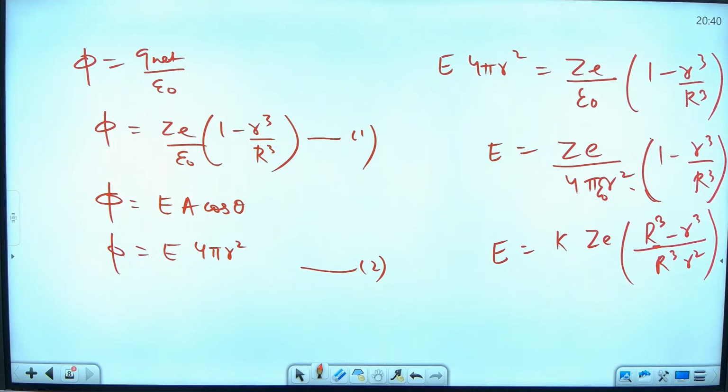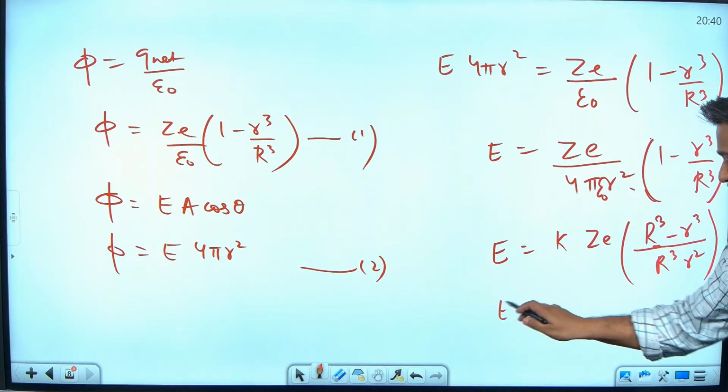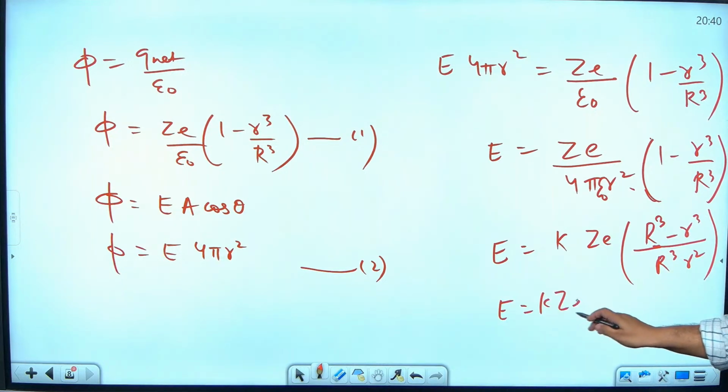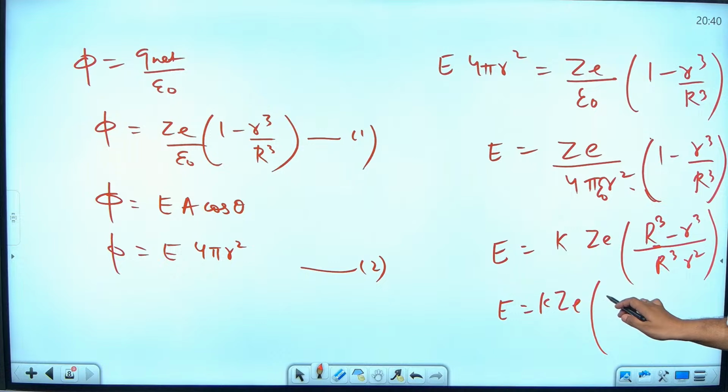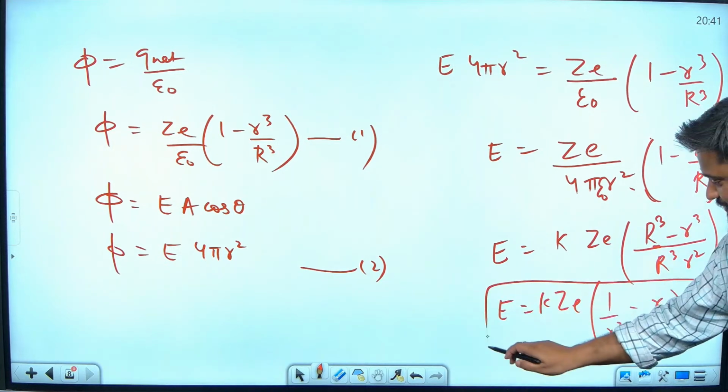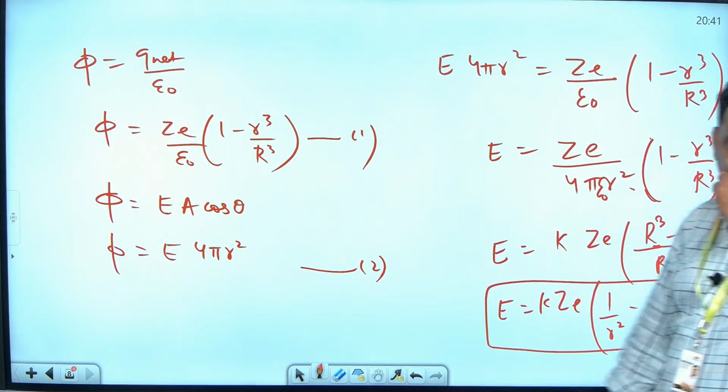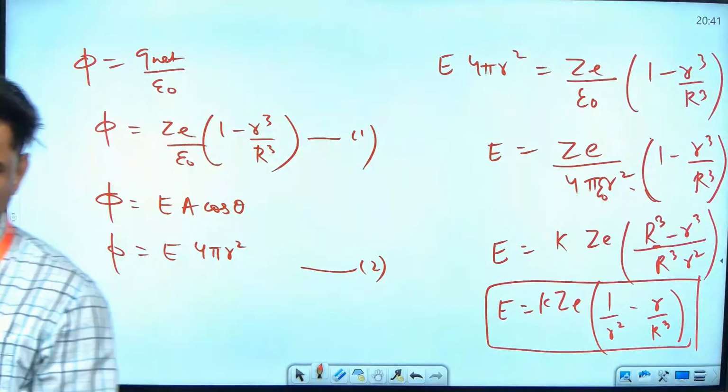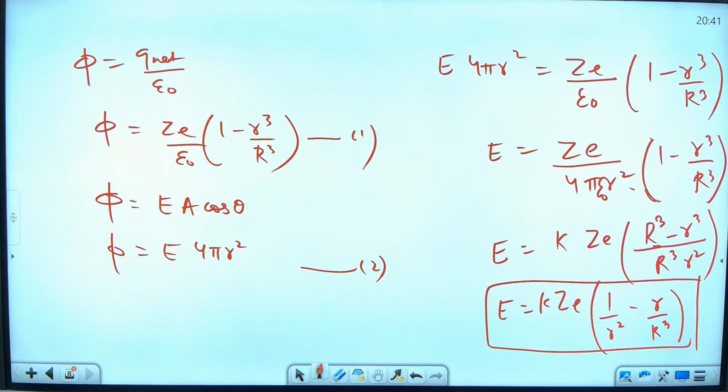So if I divide each term, it will become E is equal to K ZE into, this will get cancelled, 1 by r square minus, in this case, r by R cube. Basic mathematics, not some hi-fi logarithm or differentiation I am doing. Multiplying, dividing only I am doing.